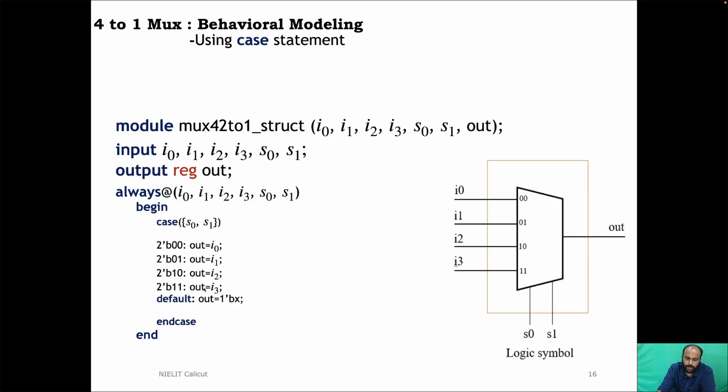When the user gives any of these inputs 00, 01, 10, 11, the corresponding output will be given to the output. Also I am writing a default statement and feeding the output with a high impedance value or unknown value, according to my interest, to be flowing to the output.